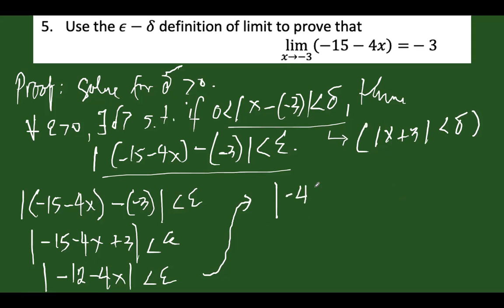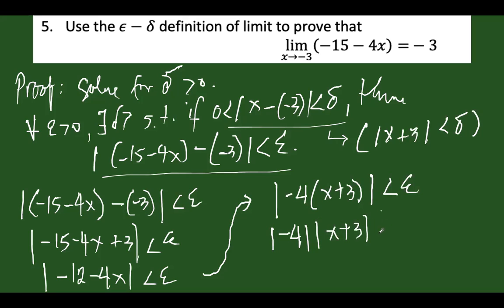So this is negative 4 times x plus 3, less than epsilon. We can factor out the negative 4 within the absolute value expression, so that's the absolute value of negative 4 times the absolute value of x plus 3 less than epsilon. And we know that the absolute value of negative 4 is 4, so 4 times the absolute value of x plus 3 is less than epsilon.